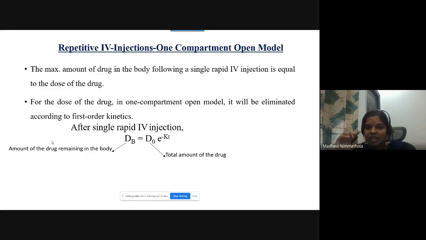So you have 3 different kinds of compartment models here. This is repetitive IV injection by one compartment open model. The maximum amount of the drug in the body following a single rapid IV injection is equal to the dose of the drug.